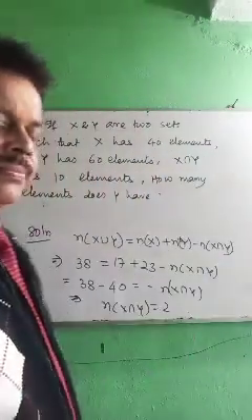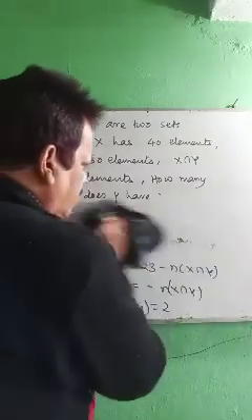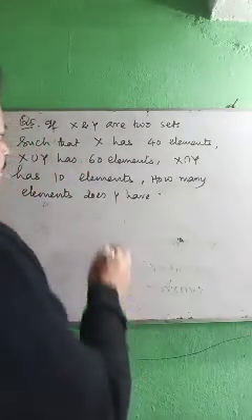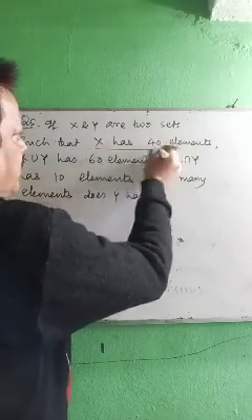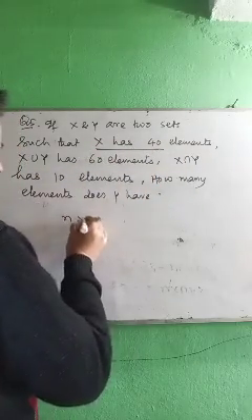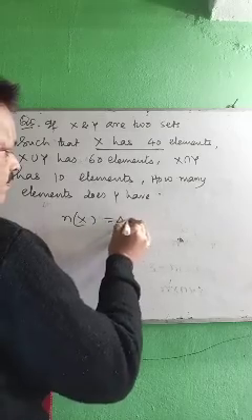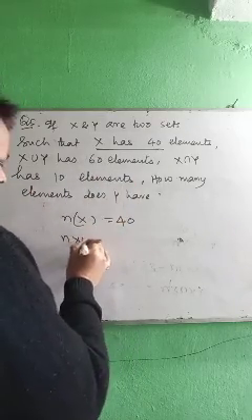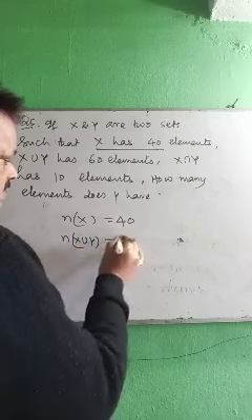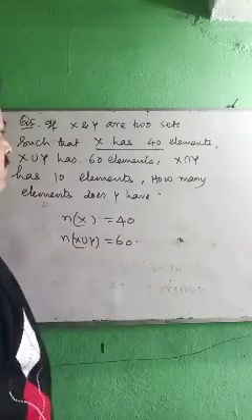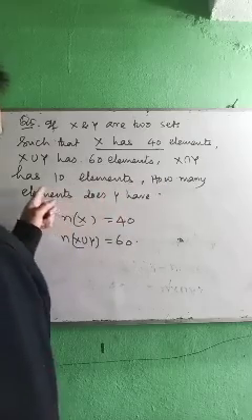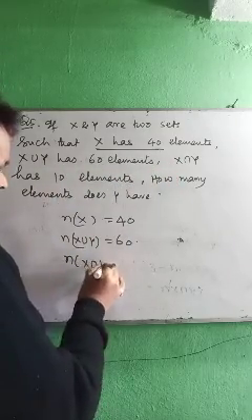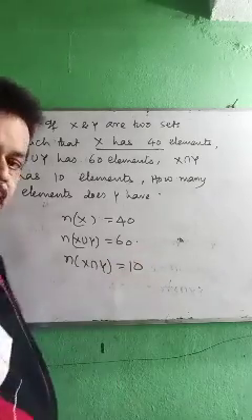Okay. So what is given to us? X has 40 elements, means n(X) equals 40. X union Y has 60 elements. n(X intersection Y) has 10 elements.